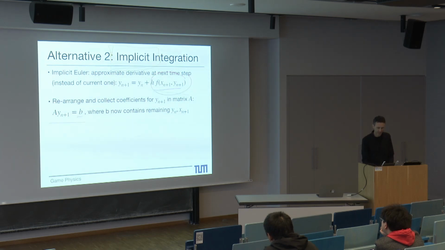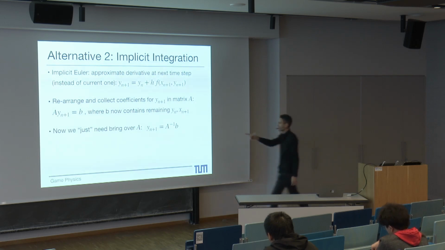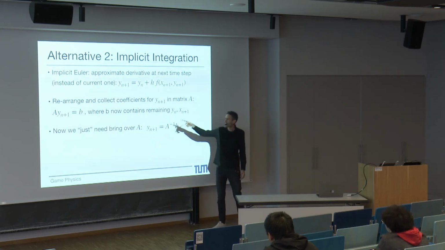And then you kind of just invert A. It's also something you probably know from school, right? If we have a matrix, we can invert it under certain conditions and then compute the solution, the yn+1, by computing the inverse of A and multiplying it, bringing it to the other side, right?